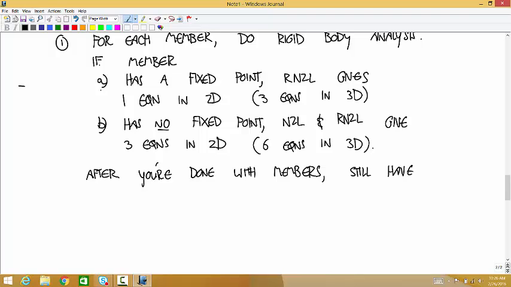You can't solve the system. So those additional equations that you need are going to come from geometric constraints.